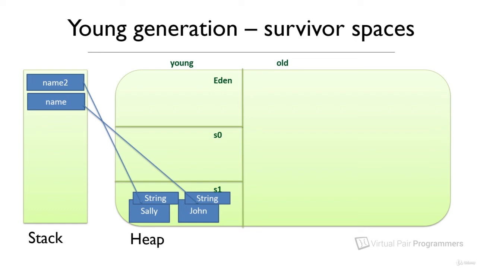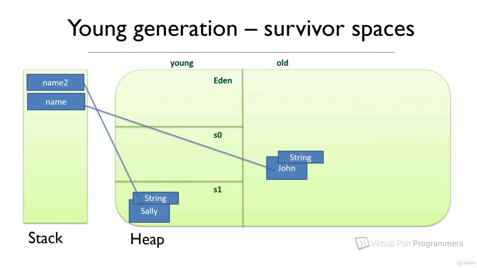After a number of these swaps, the object is determined to be a long surviving object and will be moved from S0 or S1 into the old generation. So the threshold for when this happens, how many generations an object needs to survive, is something that is configurable, and we'll see how we change that and what it is when we get to the next chapter on how we can tune the garbage collector.